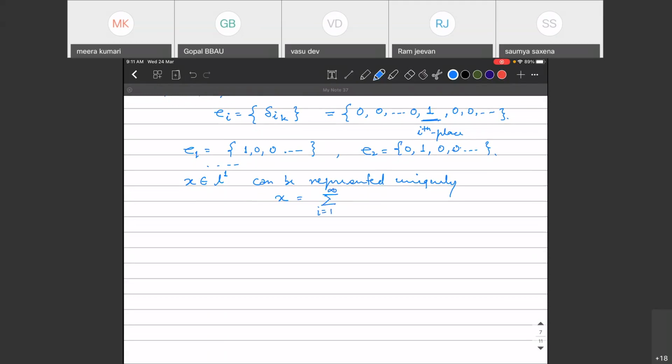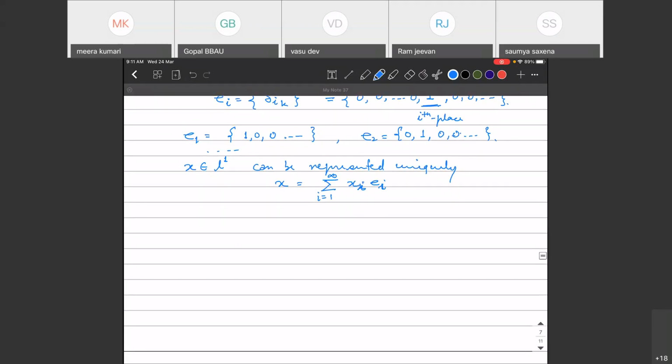Where X is this sequence x1, x2, x3, and so on, it can be represented uniquely as the summation from 1 to infinity of xi ei. Correct?